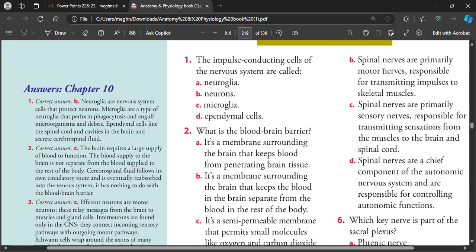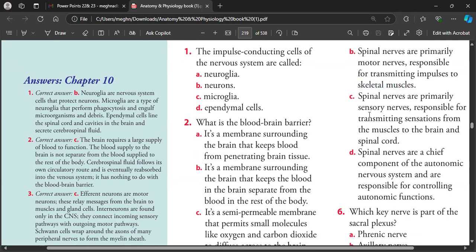At the same time, a motor response is transmitted from the central nervous system to the periphery. So the spinal nerve can contain both. So from that point of view, it is not true. It is both. Also, they said impulse to the skeletal muscle. No, it can transmit to other organs as well, right? Okay, so number B is not a correct answer.